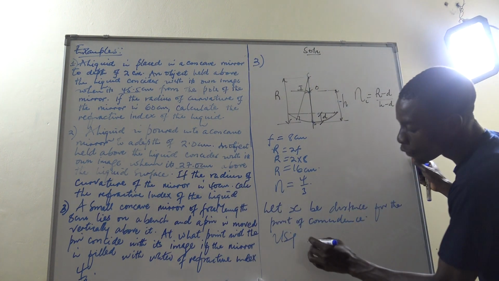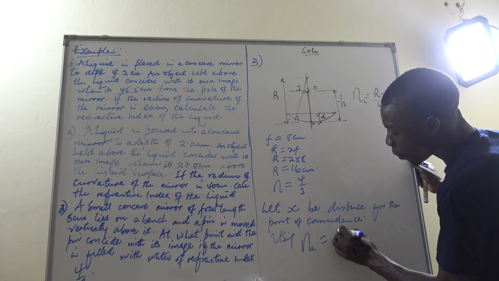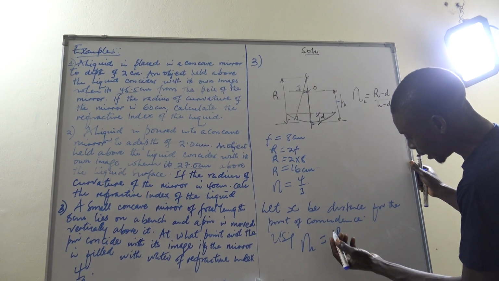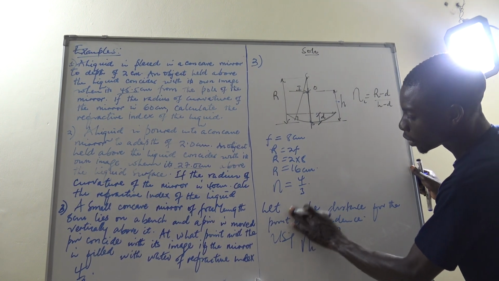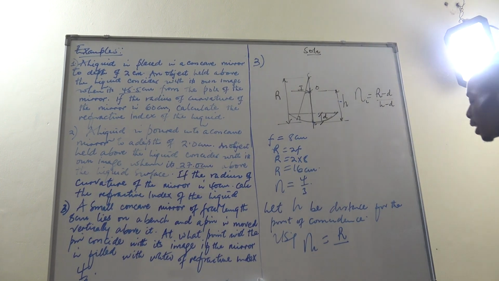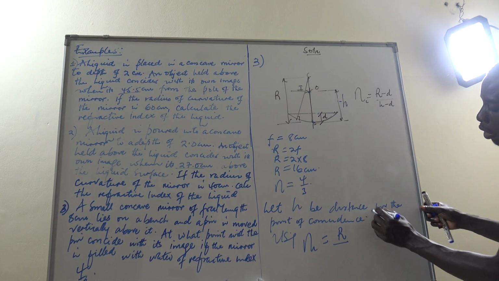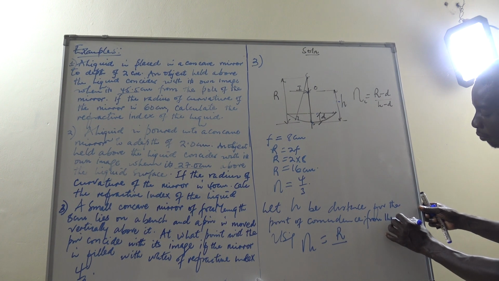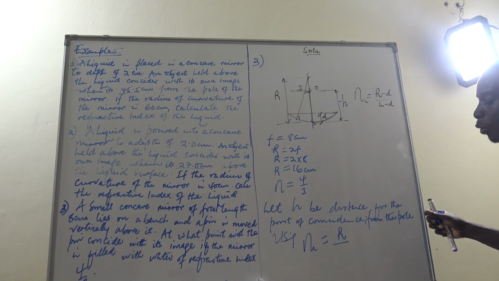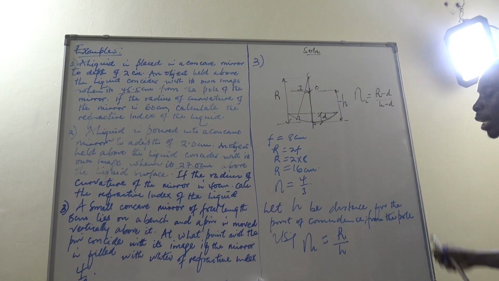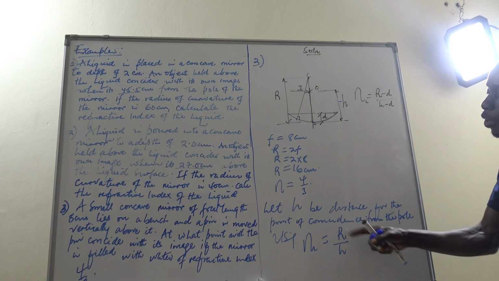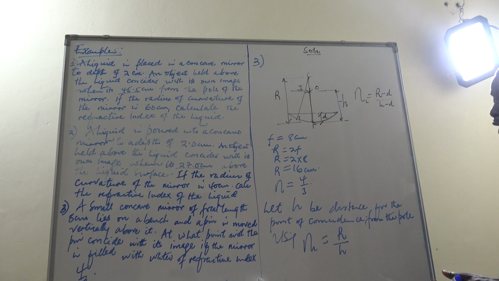So we shall use the formula of now R out of H, isn't it? Actually, let me be consistent by saying let H be the distance for the point of coincidence, isn't it? From the pole. So it will be now R out of H, because now we are ignoring the depth since it was not given.